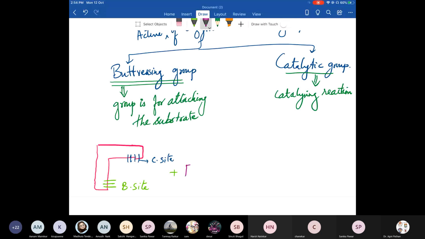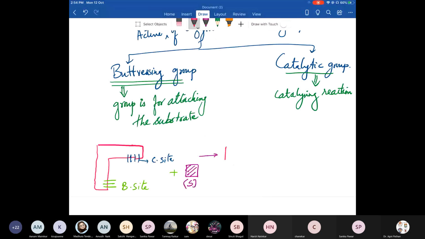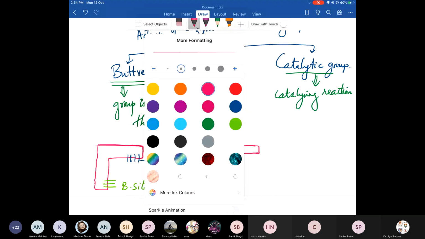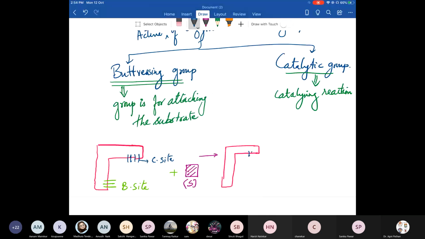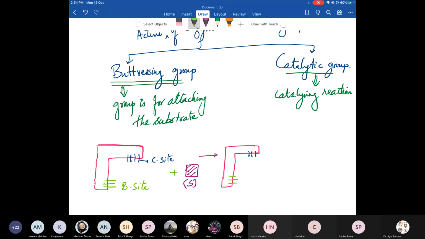Now what happens is the substrate comes and binds to this enzyme.